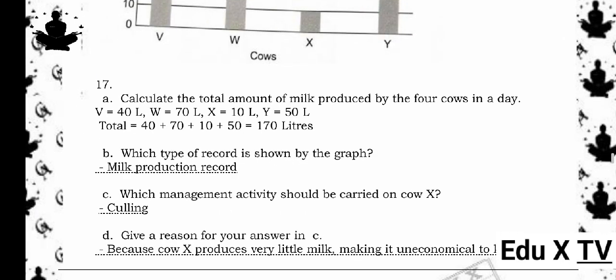Total equals 40 plus 70 plus 10 plus 50 equals 170 liters. B. Which type of record is shown by the graph? Milk production record. C. Which management activity should be carried out on cow X? Culling. D. Give a reason for your answer in C. Because cow X produces very little milk, making it uneconomical to keep.